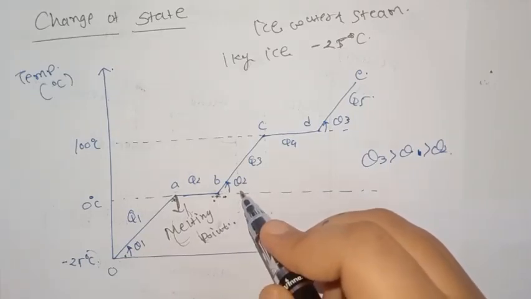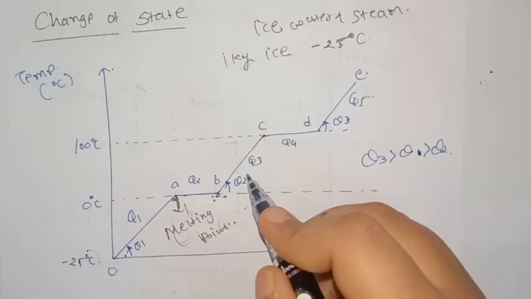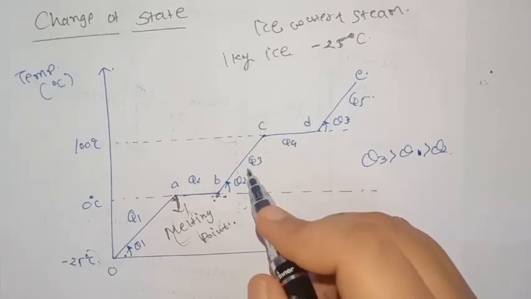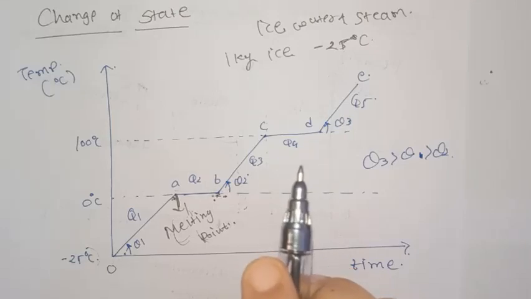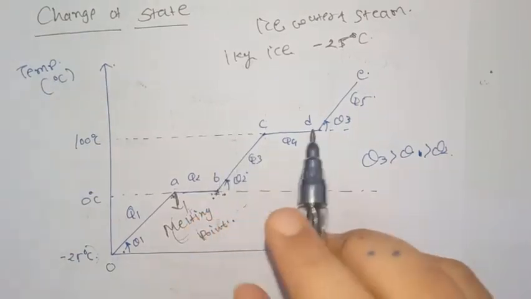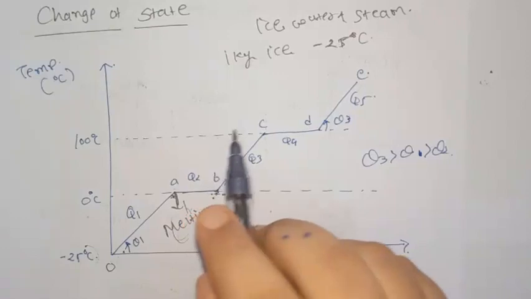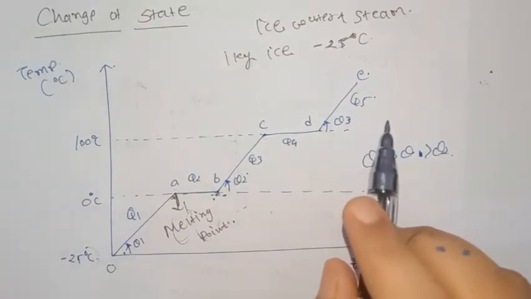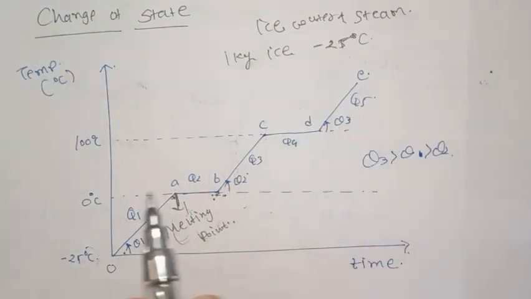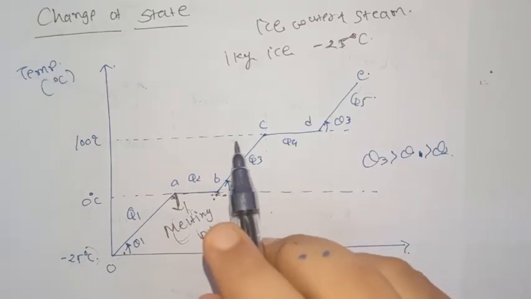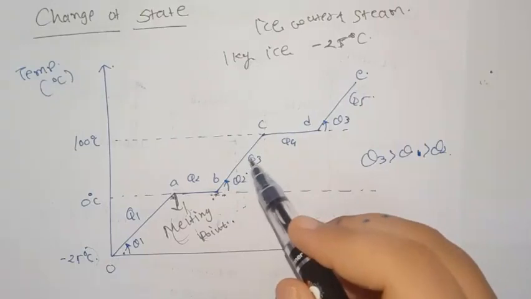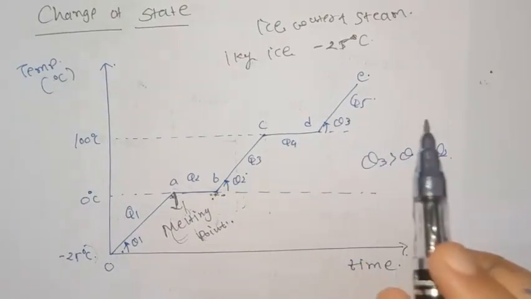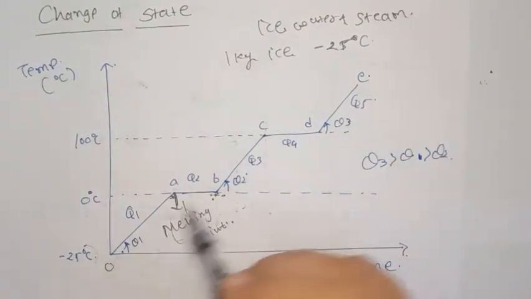Since the specific heat of water is 1 kilocalorie per kg degree Celsius, there is now a rise of 1 degree Celsius per kilocalorie of heat supplied. This rate of change is less than that of ice, so the slope of graph BC is smaller than the slope of graph OA.